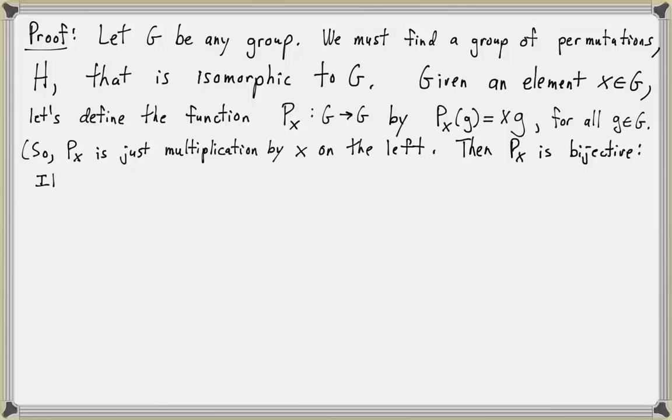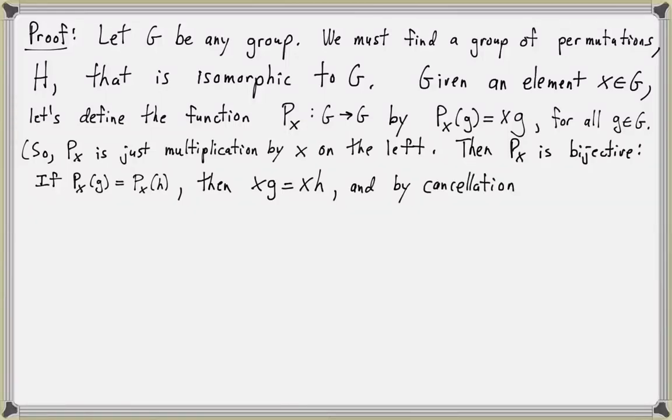If p sub x of g equals p sub x of h, then x times g equals x times h, and by cancellation we can show that g equals h. So this shows that p sub x is 1-to-1.